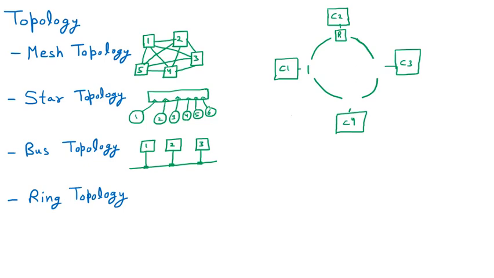If n number of computers are there, we are going to use n repeaters also. The benefit of the repeater is that it gives you a regenerated signal. So signal strength is maintained, but the disadvantage is that the cost will increase. So now you can see that these computers are connected through repeaters to the ring. These repeaters are helping the ring topology, and computers are connected via them.